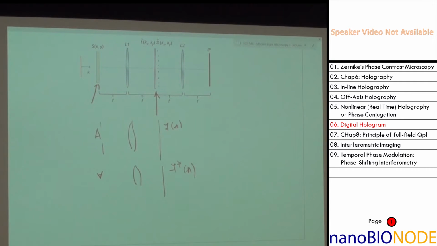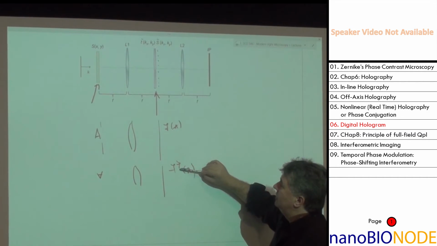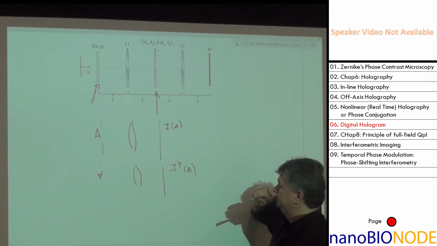If you want to do convolution between this and the other object, this should give you what we need, right? Because think of a cosine. If you take a cosine, you get two deltas.